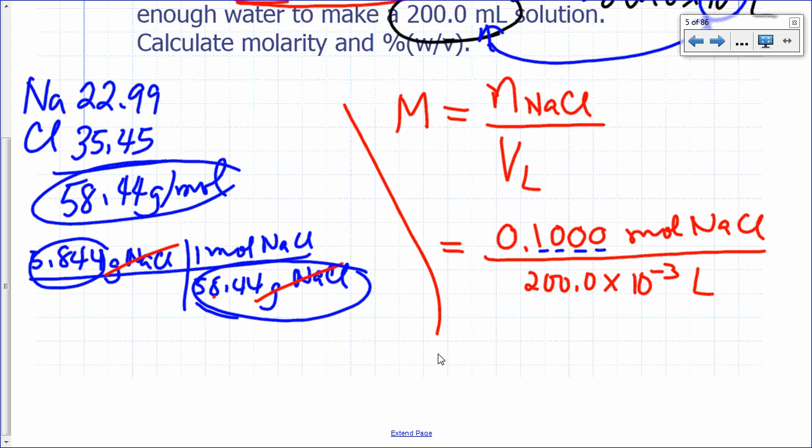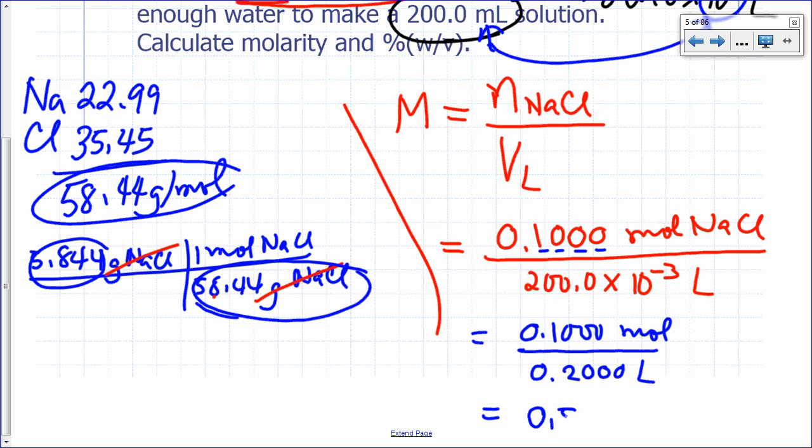So 0.1000 moles of NaCl over 0.2000 liters. That's 1/2, so 0.5. With 4 sig figs, 0.5000 moles per liter.